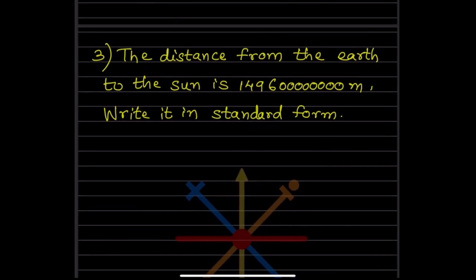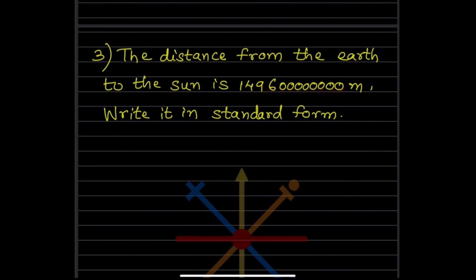Now the distance from the earth to the sun is given here. After that, how many zeros do we have? 1, 2, 3, 4, 5, 6, 7, 8. 8 zeros. So how are we going to write here?